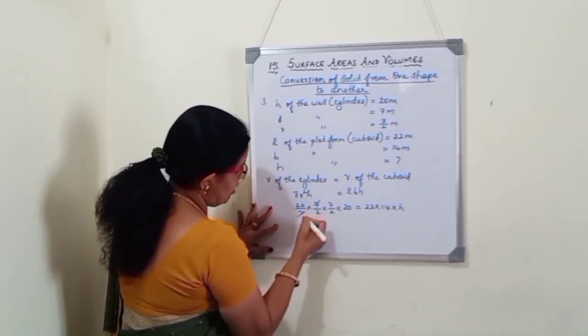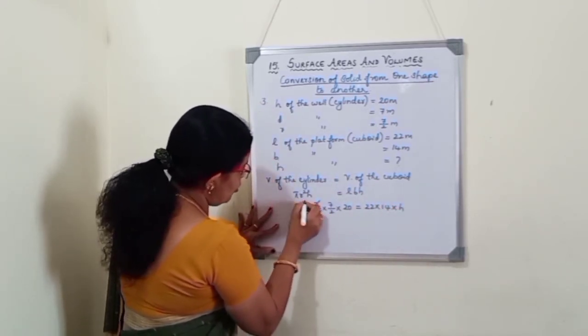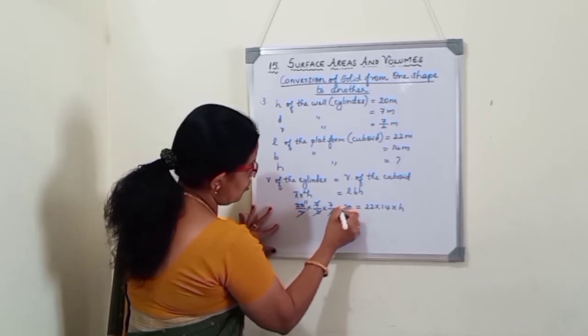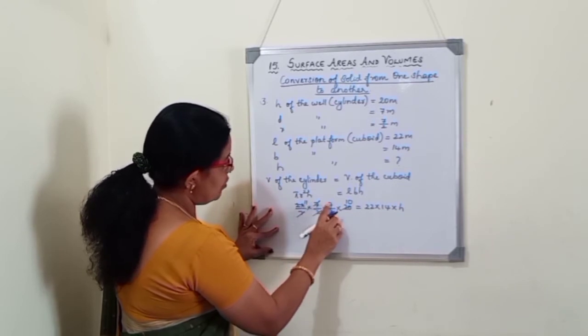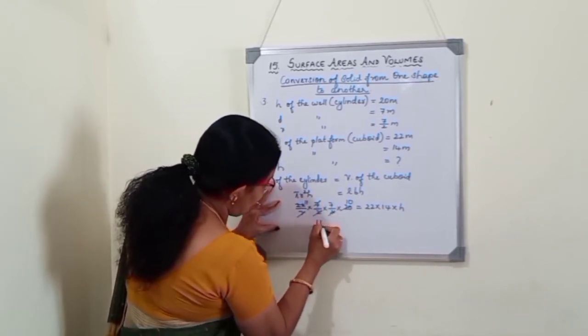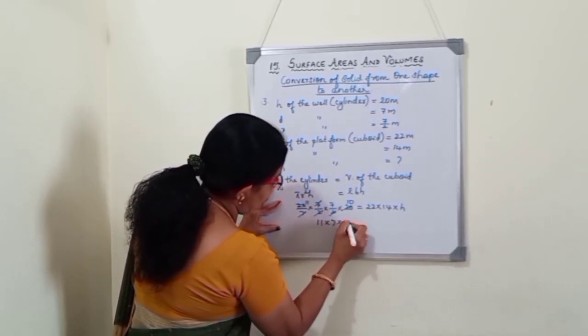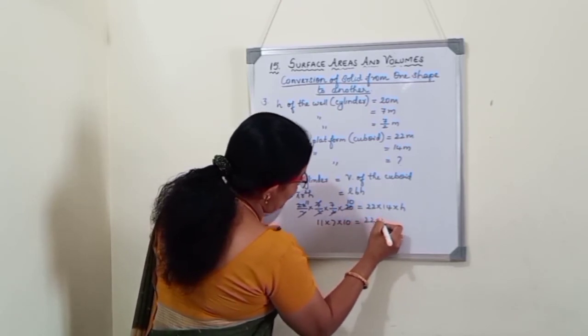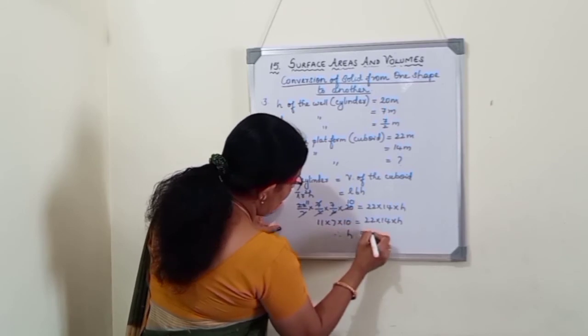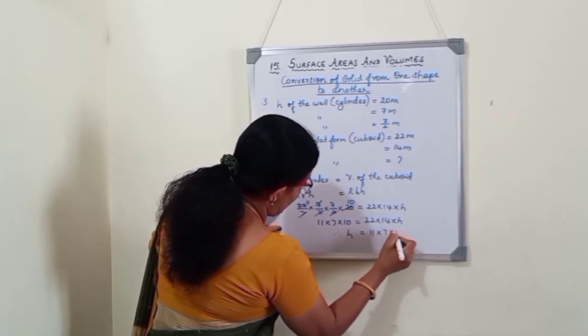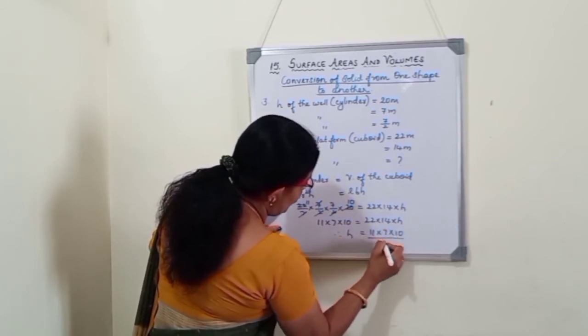So here 7 and 7 will cancel. 2 and 22 will cancel, 11 we will get. 2 and 20 will cancel, 10. So the remaining value is 11 into 7 into 10, which will be equal to 22 into 14 into h. Therefore, h is equal to 11 into 7 into 10 by 22 into 14.